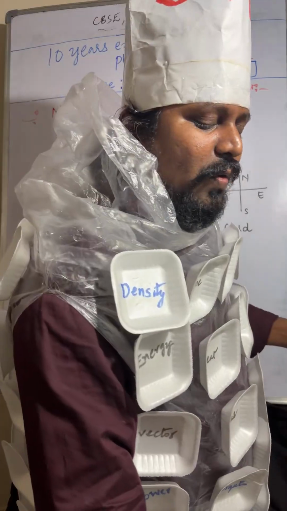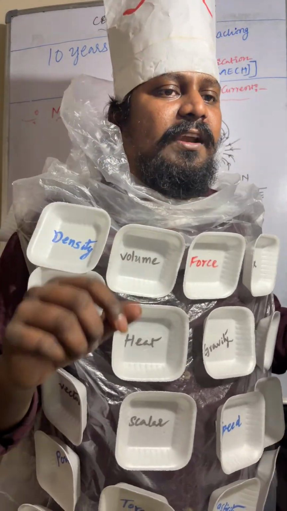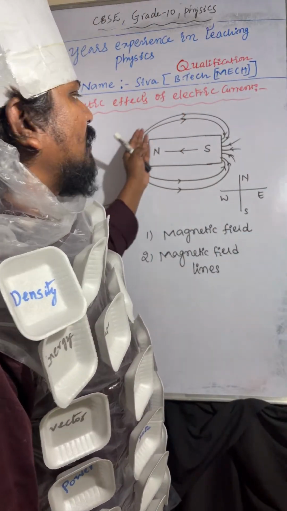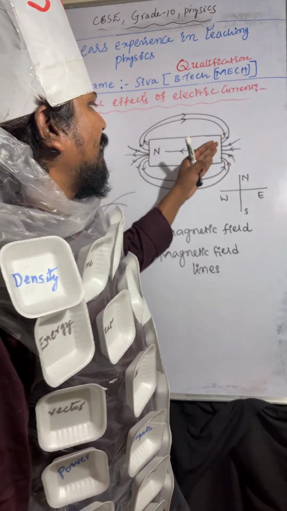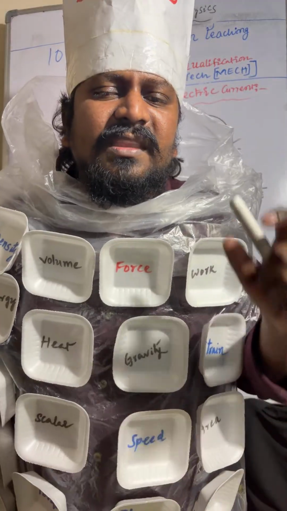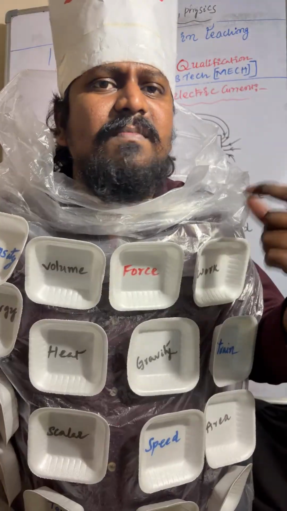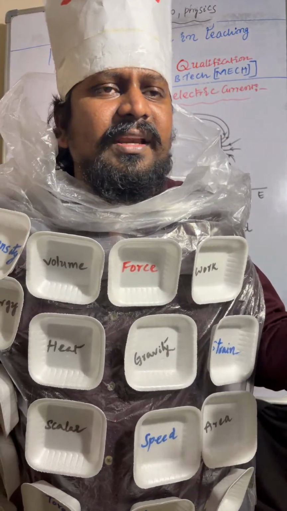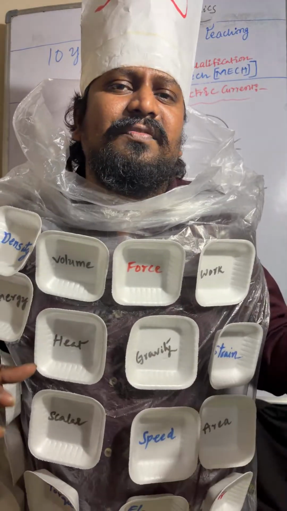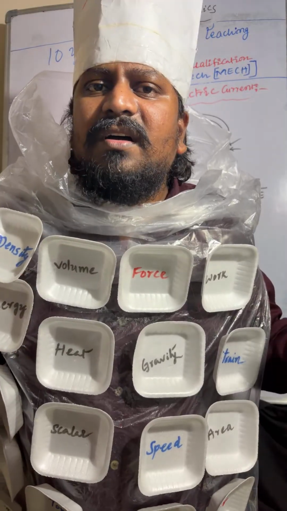Normally, if you want to identify the magnetic field, we know that outside of the bar magnet it is north to south, inside of the bar magnet it is south to north. But one point: if you want to identify the magnetic field around the bar magnet or anything, we know the magnetic field will be in the form of field lines.